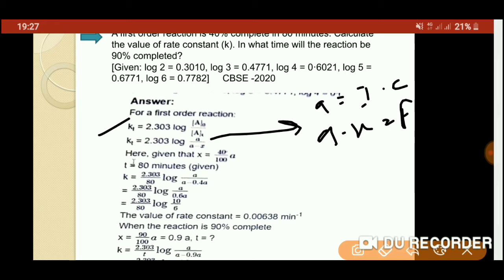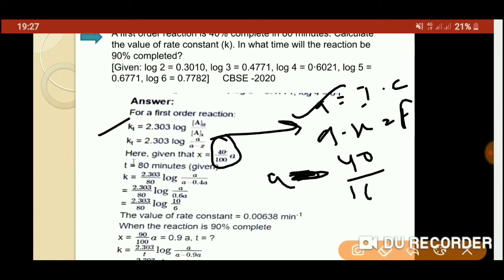What is the value of x here? It is 40 upon 100 of a. The initial concentration is a. If you want to find the final concentration, then since 40% completion is happening, we subtract 40 upon 100 a from a. So a minus 40 upon 100 a.